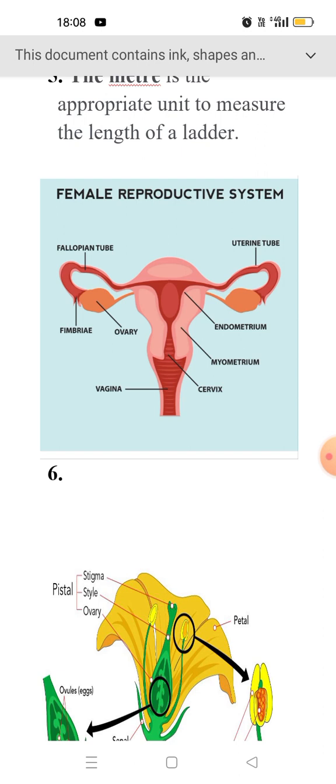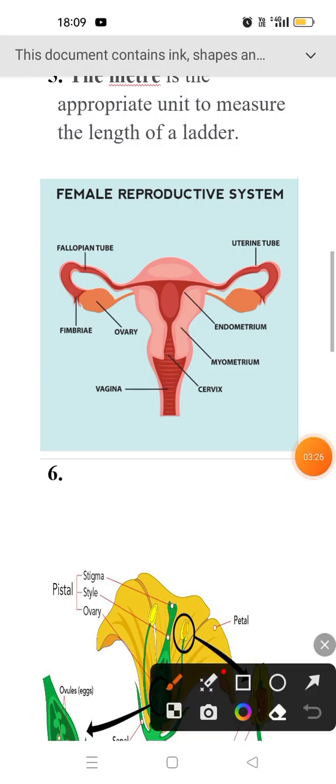One question was about the reproductive organs of the female. In it you have to label the parts. Means the sequence was given, A, B, C were marked, and it was asked which part represents A. So there is a part in it. This part was marked as ovary.